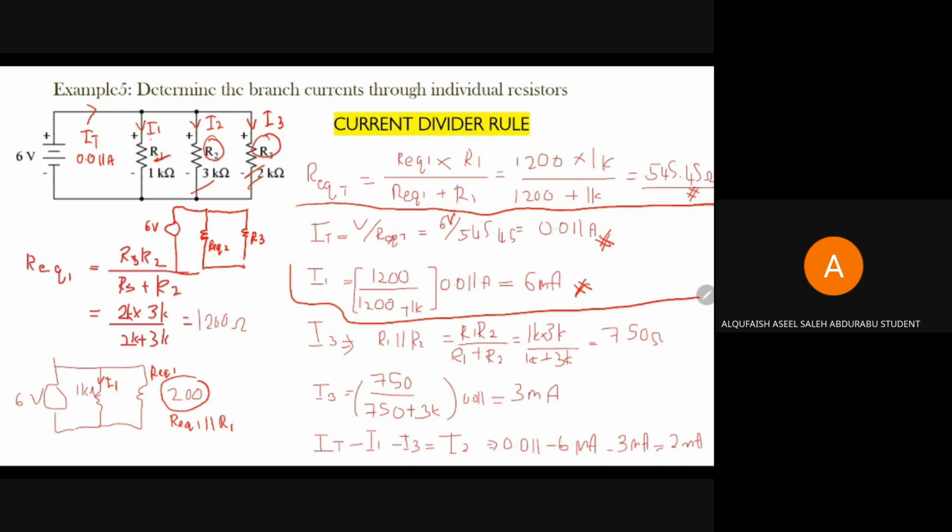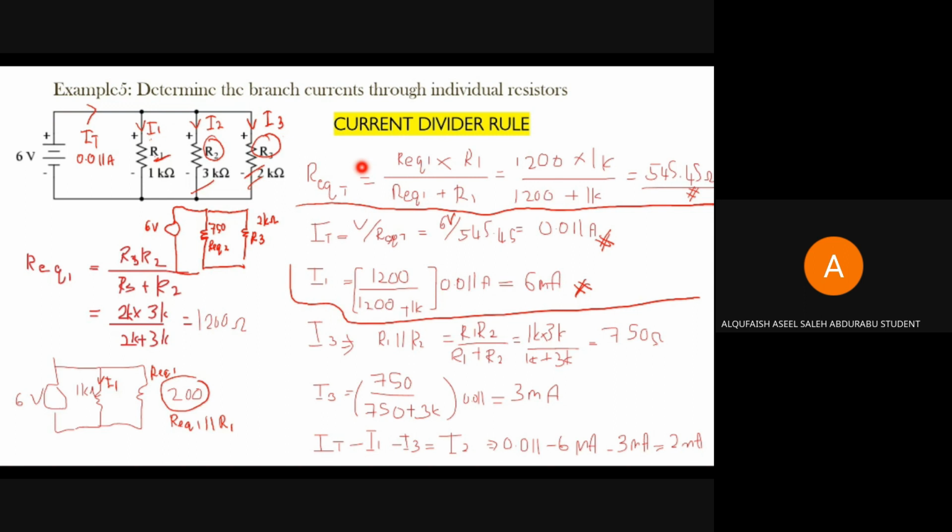So R equivalent 2, you get R1 times R2 over R1 plus R2. R1 is 1 kilo ohm times 3 kilo ohms, R2, divided by 1 kilo ohm plus 3 kilo ohms. R equivalent 2 equals 750 ohm. So here is 750 ohm. This one, R3, is 2 kilo ohm.